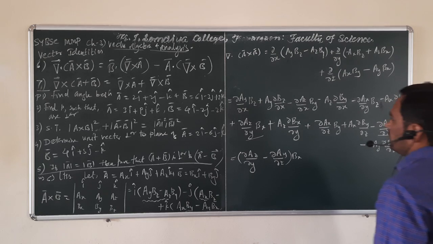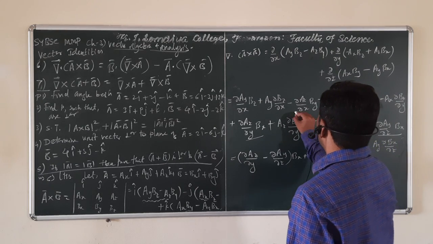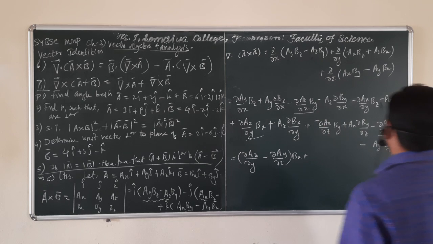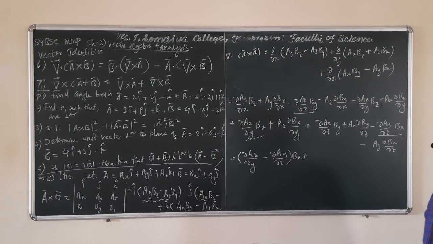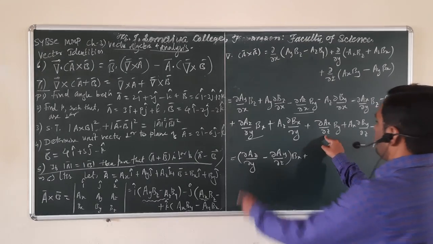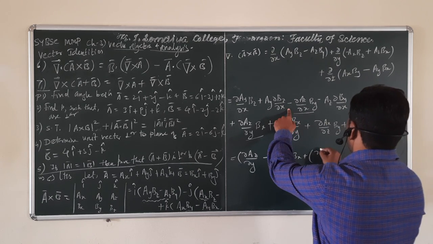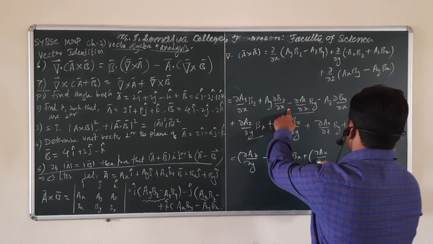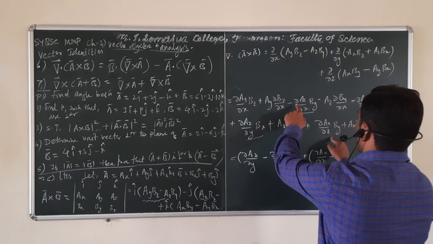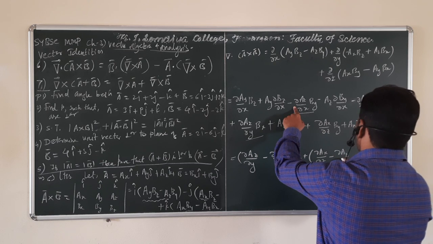Now, plus if we take the term for by, here we have this term for by, and another term for by is here. So we take by as common, and we are remaining with partial derivative of ax with respect to z, minus partial derivative of az with respect to x, multiplied by by.